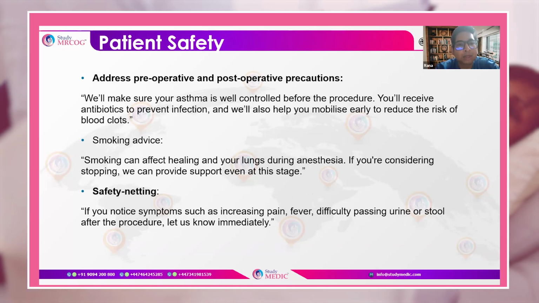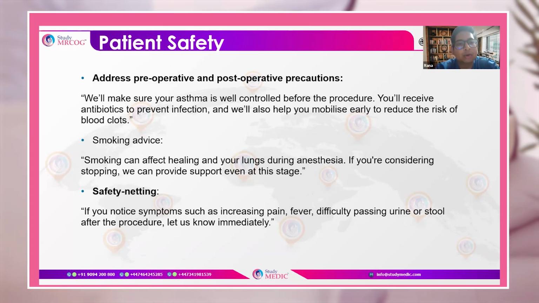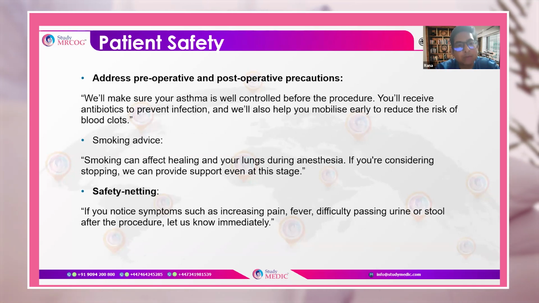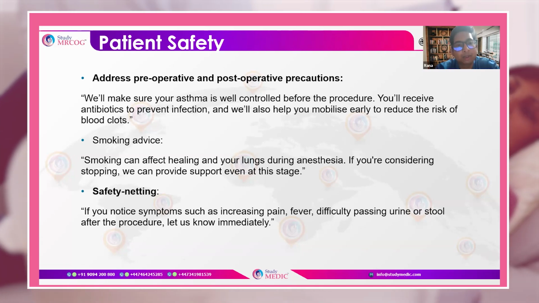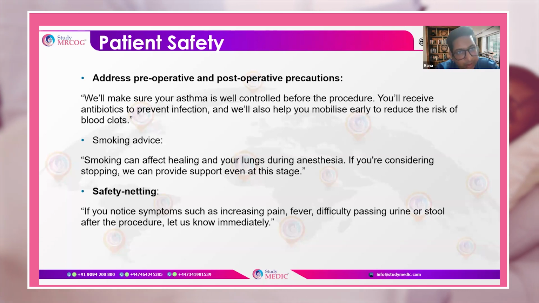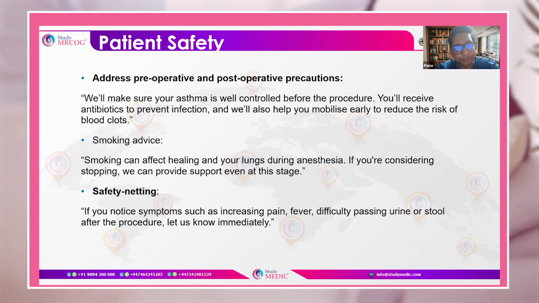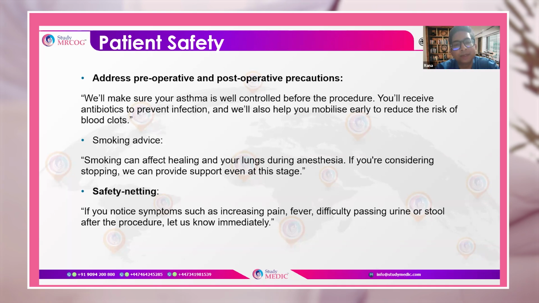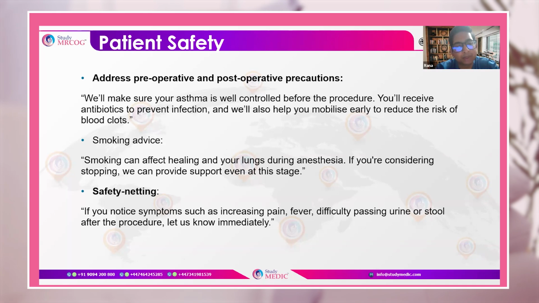You need to make sure that you have told her all the pre-operative measures, assessed her risk, done a risk assessment for thromboembolism in her case, advised her on smoking cessation, and checked her vitals, such as whether any fever or difficult urination is present or not.